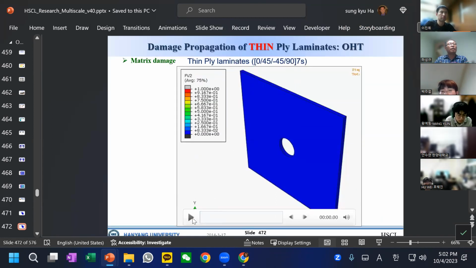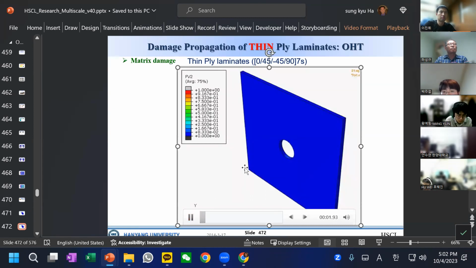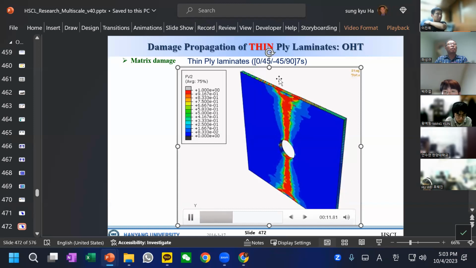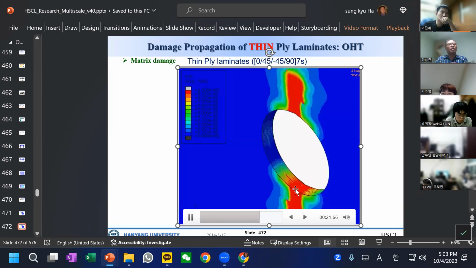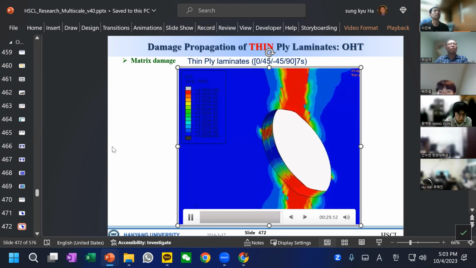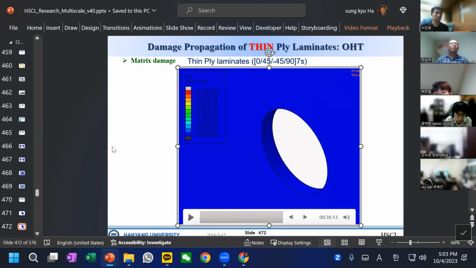And now this is a thin one, which looks similar, but we have more plies, about 7 times. And as you can see, it is almost a vertical failure mode. As you can see how this damage will generate here, and then propagate vertically in the case of thin ply. So this is pretty much advanced mechanics of composites.